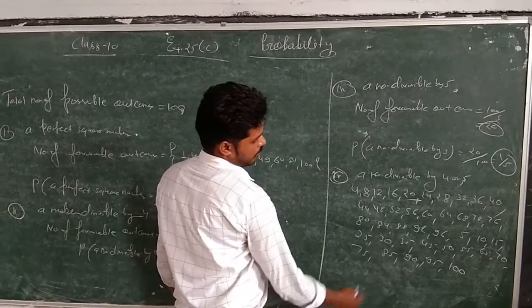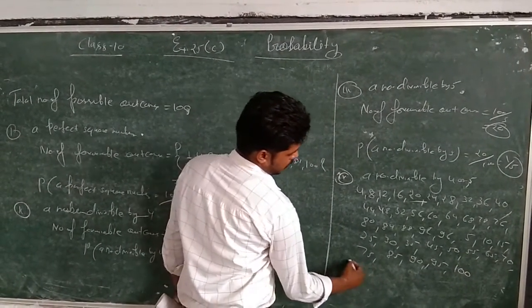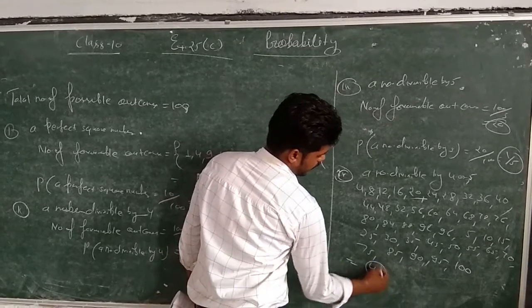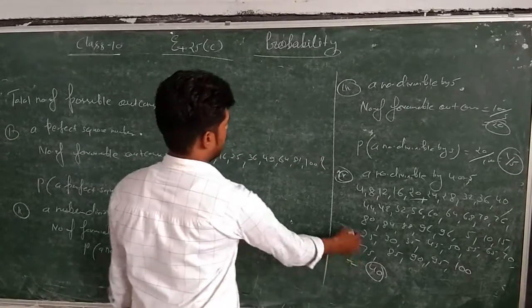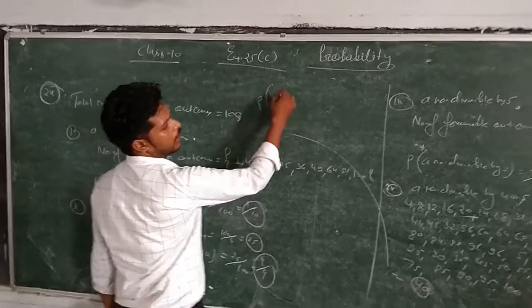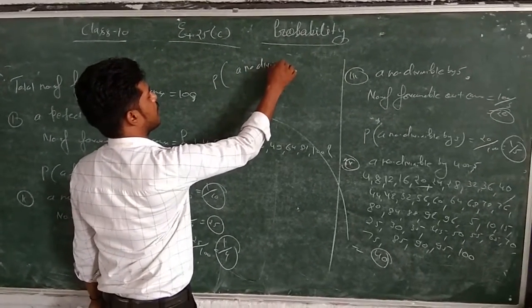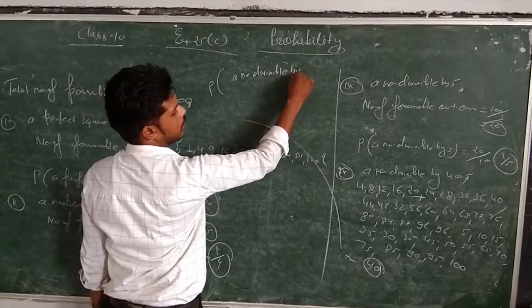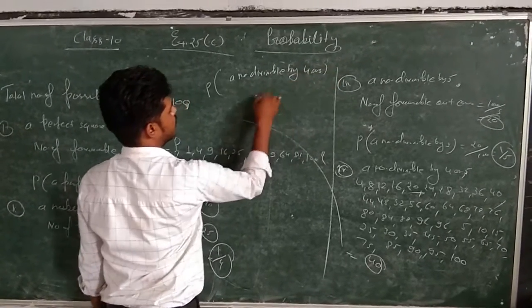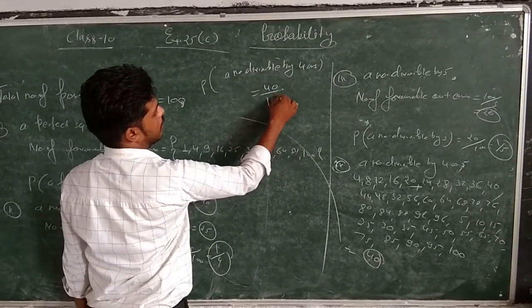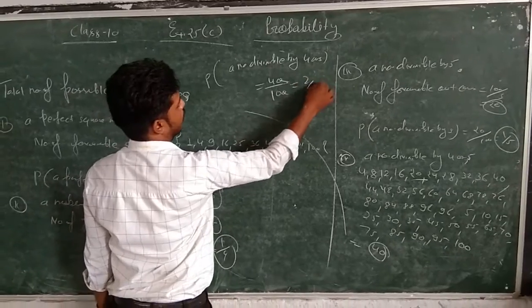So total number is 40. So the probability of a number divisible by 4 or 5 is equal to 40 upon 100. Reduce it to 2 upon 5.